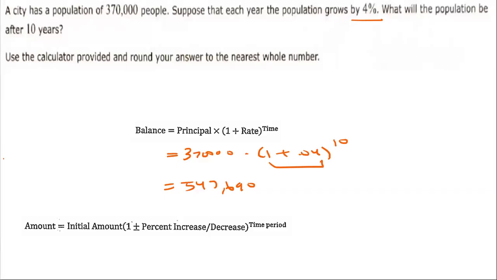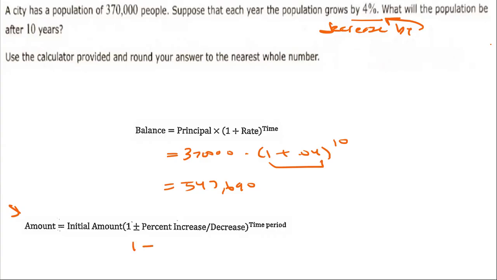Okay. So let me just go back here. Again, what I was referring to is if it talked about, say, a growth decrease, so if it decreased by 4%, then we would use this one here because this one's talking about 1 plus or 1 minus.